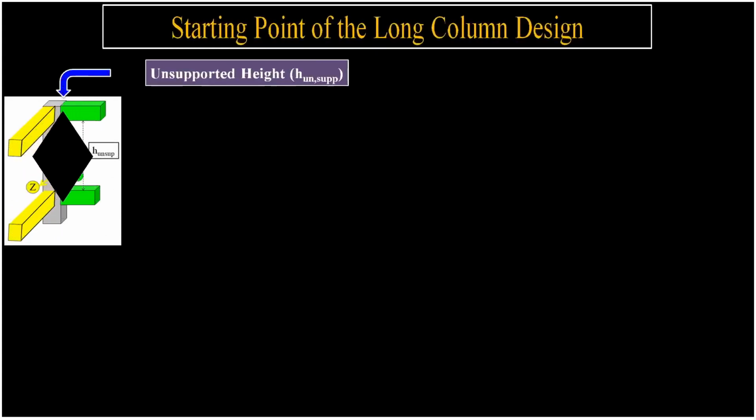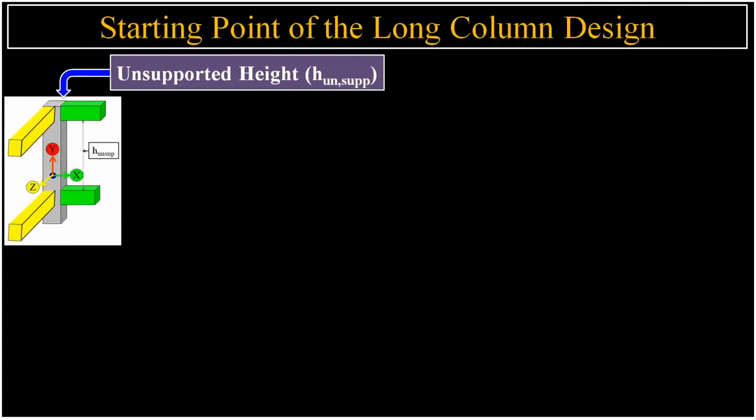Title of this slide is, Starting Point of the Long Column Design. Now, we are beginning the RCC column design process, specifically focusing on the criteria for a long column, as defined by the Indian Standard Code, IS 456, 2000.